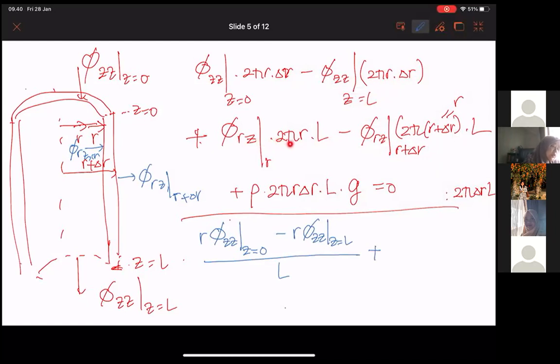And then plus, this one we have 2πRL, so then we have also R C_rz at R, minus R C_rz at R plus delta R, divided by delta R, and then plus we also derive this one, where there is still R here, R rho g.